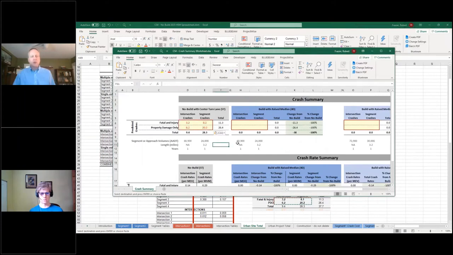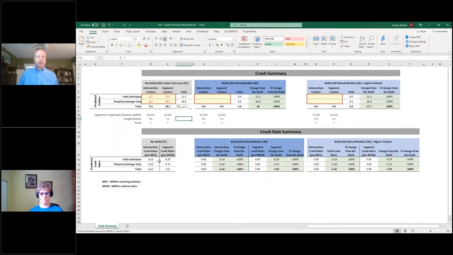And so we get a number of crashes for our no build, and then we also calculate rates at the bottom part of this table. So we've got numbers of crashes. It does the totals by severity and totals by facility type, and then the total for all crashes. And then down below, we've provided the information necessary to get exposure so that we can calculate rates.